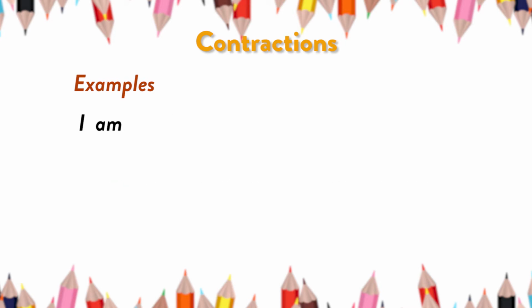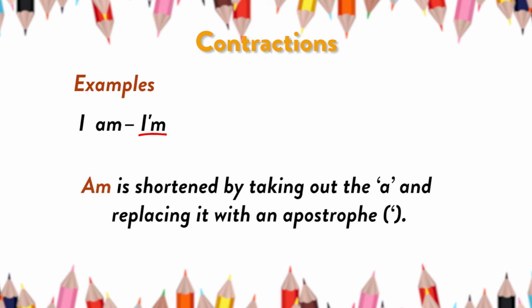I am. I am in contraction form is pronounced as I'm. Here we shorten the word by taking out the A from am. Remember, the first word will remain the same, but we will take a letter or some of the letters from the second word.